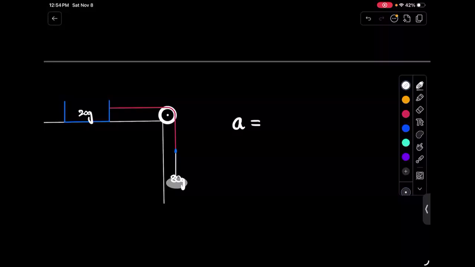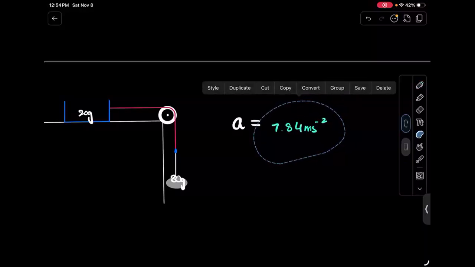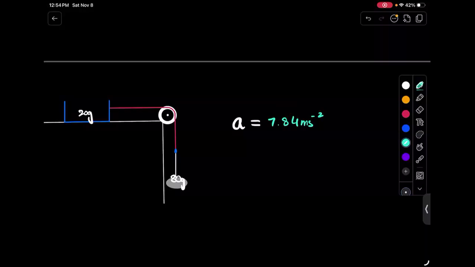So I think I got the answer. Okay. Yes, Hania, have you gotten the answer as well? What did you get, Hania? I got 7.848 m/s^2. Yes, Aris, did you get the same? Same. Okay.